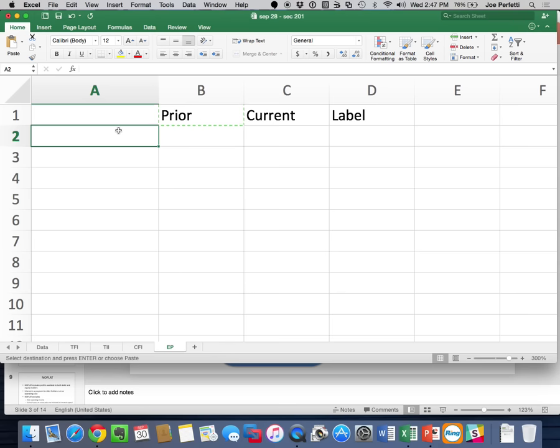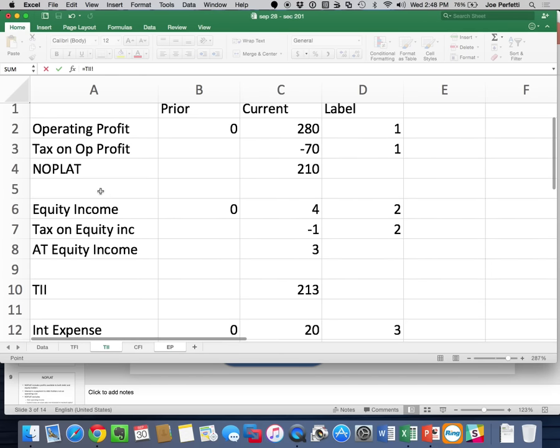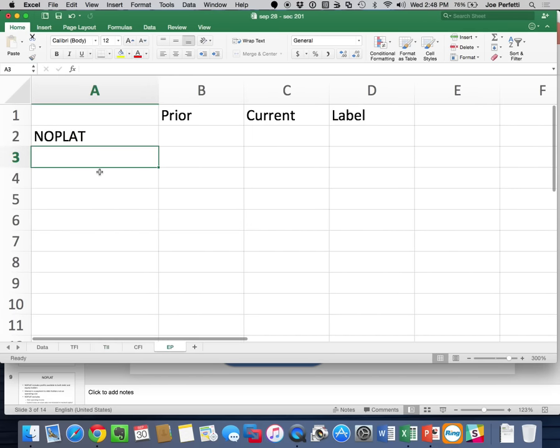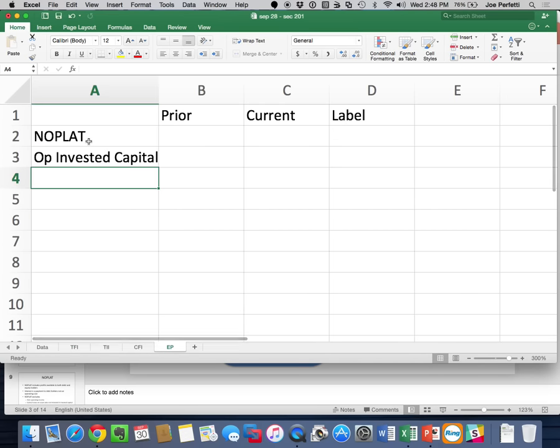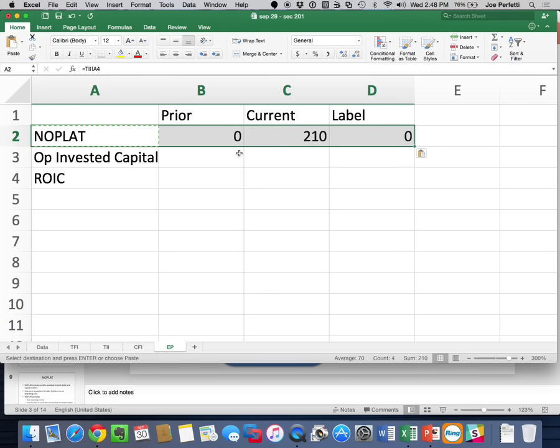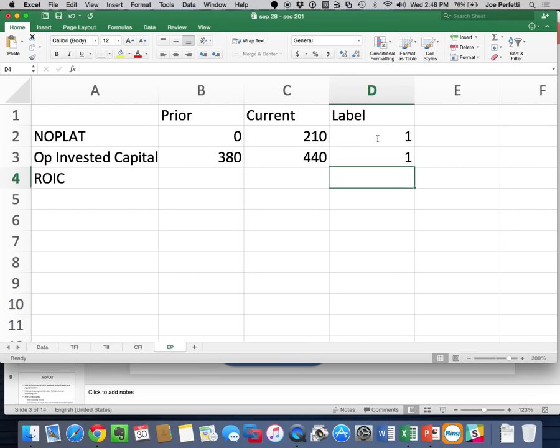To calculate my ROIC, I start out with, off the TII, my NOPLAT, and then I divide that by, off the TFI, my operating invested capital. And that gets me ROIC. So my NOPLAT is that, my invested capital is that, divide, I get my ROIC.